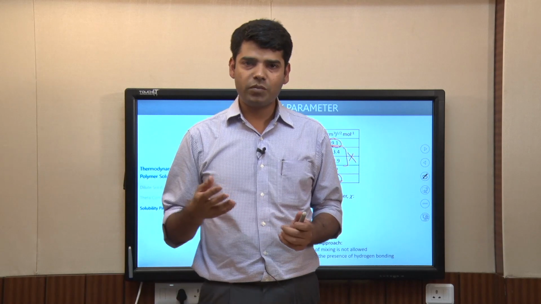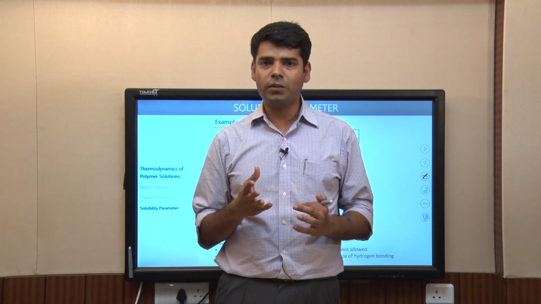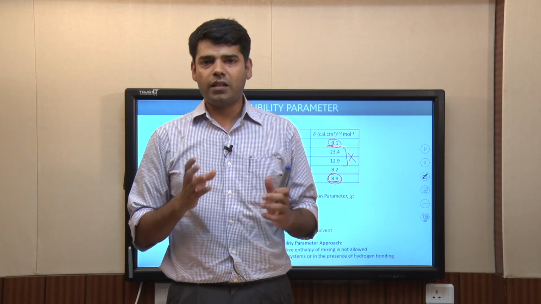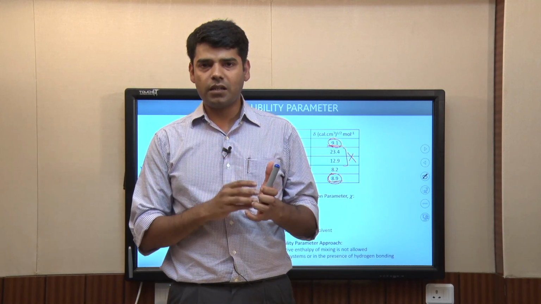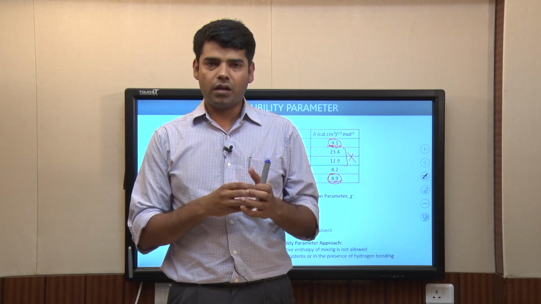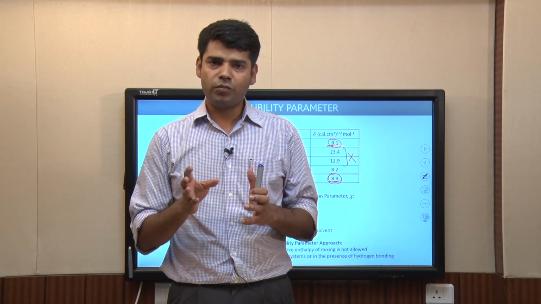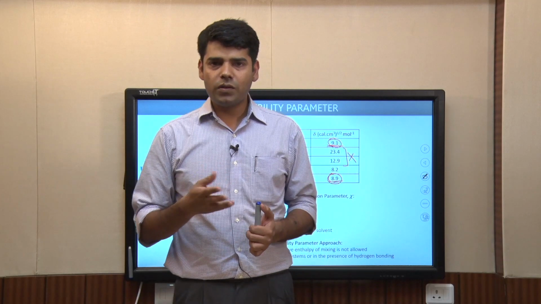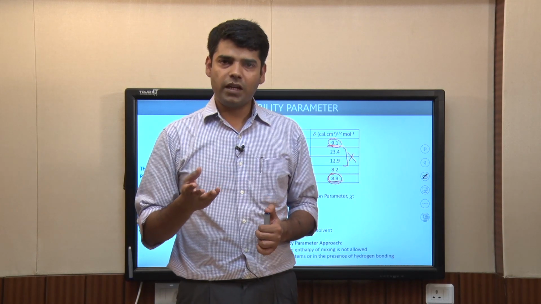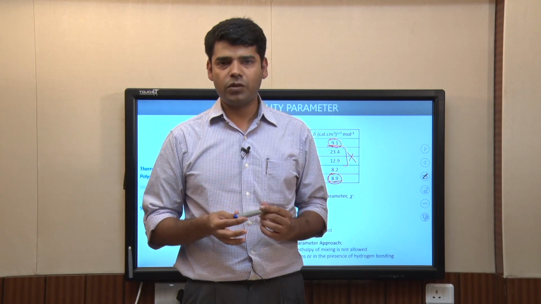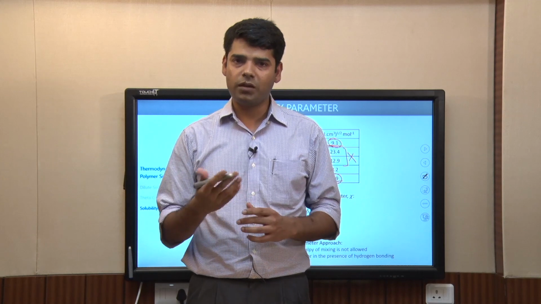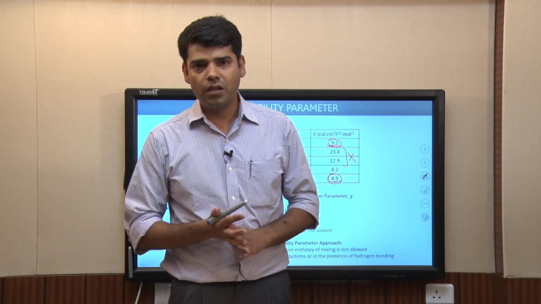Hansen has proposed not one but 3 solubility parameters for any given solvent or polymer, containing a dispersion term, a polar interaction term and a hydrogen bonding term. So, all those are explicitly accounted for. In this course we will not go into further detail of the Hansen solubility parameter approach, but it is something which one can employ if one is dealing with polar systems.